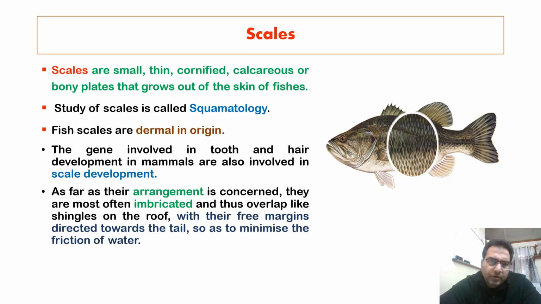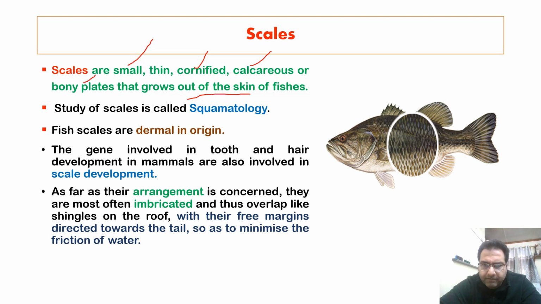First of all, we should know what scales are. When we try to define scales, we say that scales are small, thin, cornified, calcareous or bony plates that grow out of the skin of fishes.